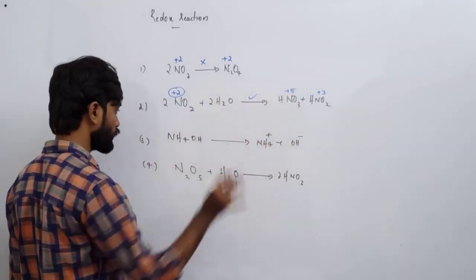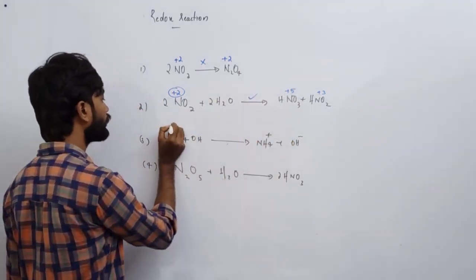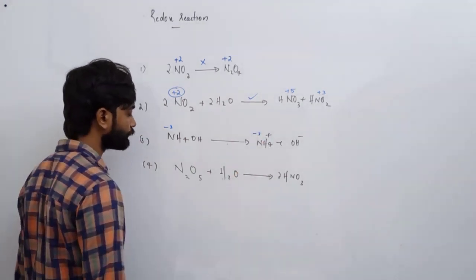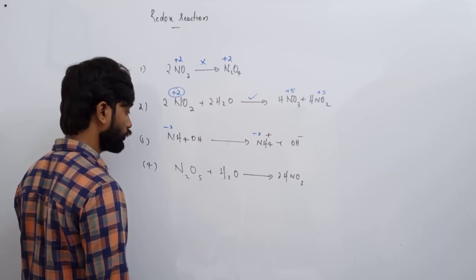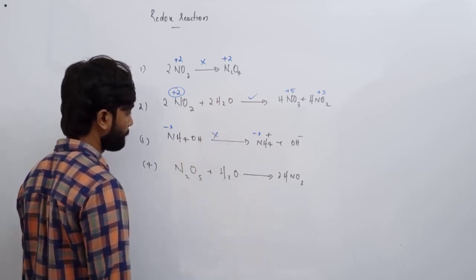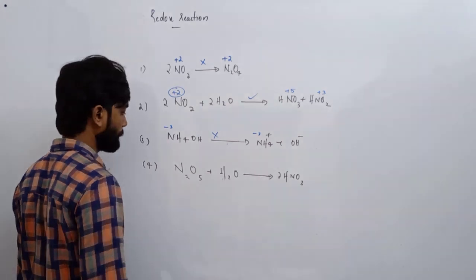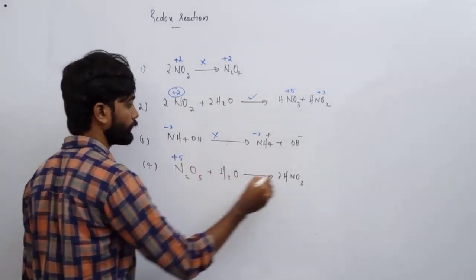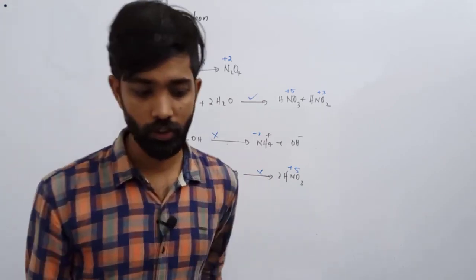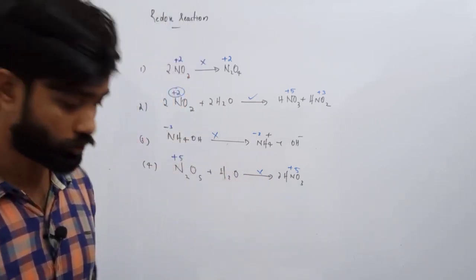So here the oxidation state of nitrogen changed, okay, and here the nitrogen is -3, here also -3, okay. So there is no change. Here the nitrogen is +5, here also +5. There is no change. Okay. So the reaction where the change in oxidation state is observed is choice 2.